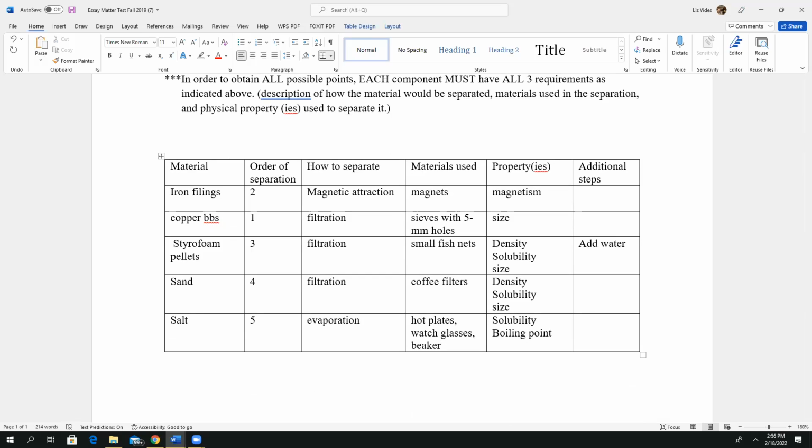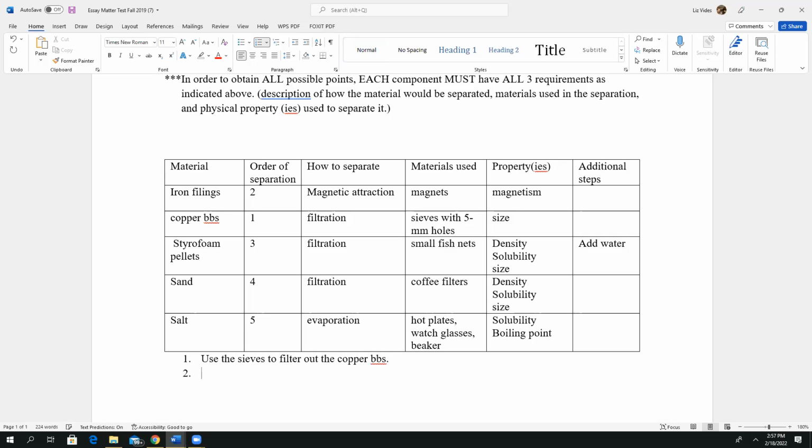Okay. So now we need to start talking about it. Number 1, we said we were going to use the sieves to filter out the copper BBs, right? That's it. Or to separate. I can say separate it out.